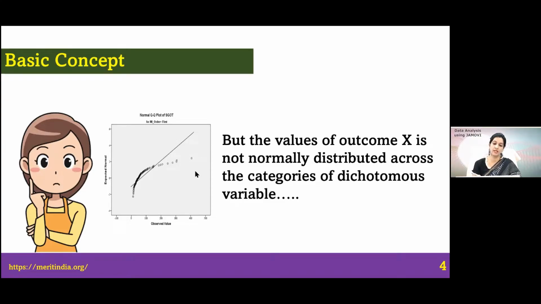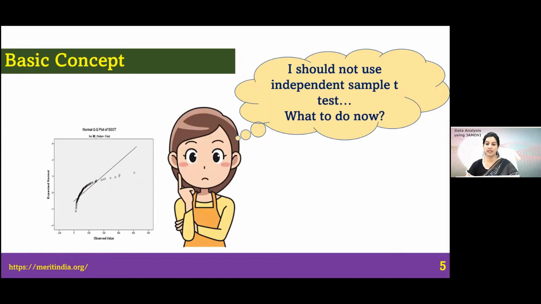You can see there is a QQ plot here where the individual values are not along this diagonal line. So I can say that this is a skewed distribution. In that case, I should not be using an independent sample t-test. But again, I said that if it is not that much skewed, if it is a little deviation, we call it approximately normally distributed. But this doesn't seem to be approximately normal. This is highly skewed.